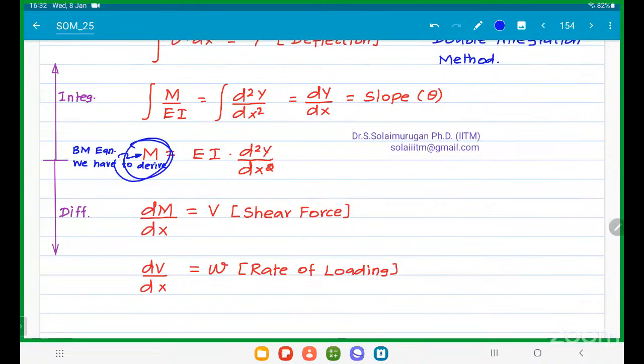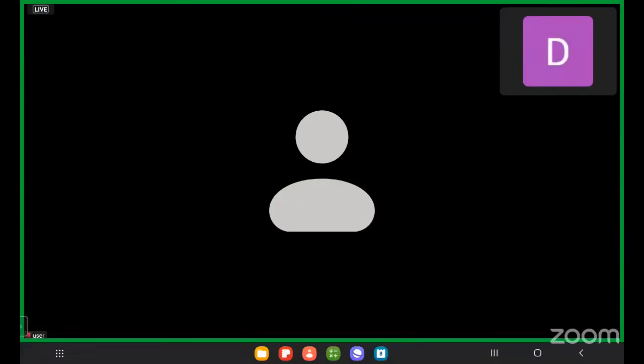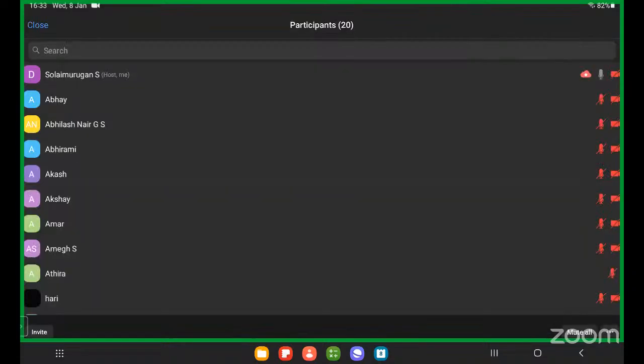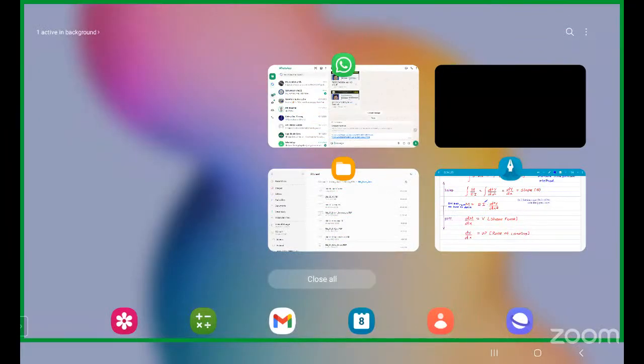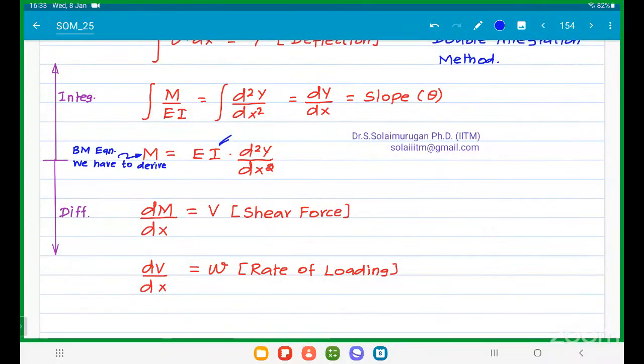What is E? Young's modulus. What is I? Tell me. Answer. What is this I? Tell me, what is this I? Correct name. Quick. Everyone can answer, right? Anybody is waiting in the room? No. Right. What is this I? Sir, area moment of inertia of the whole cross section about the neutral axis, sir.